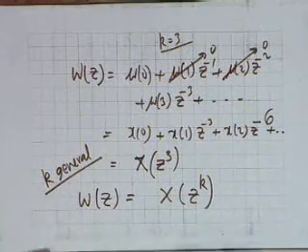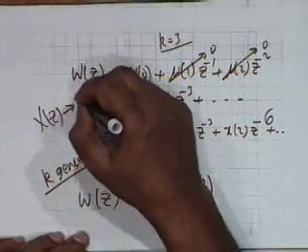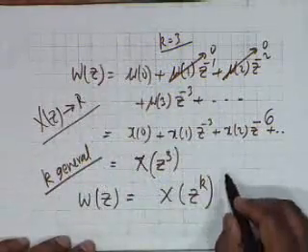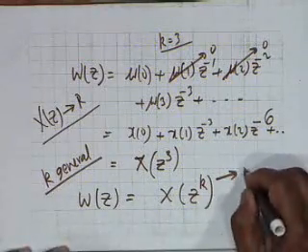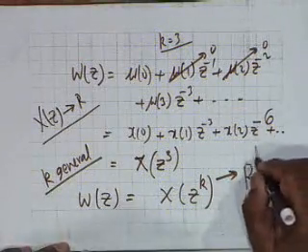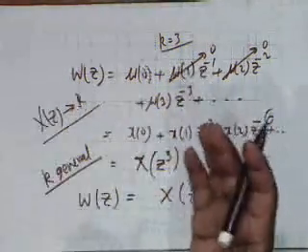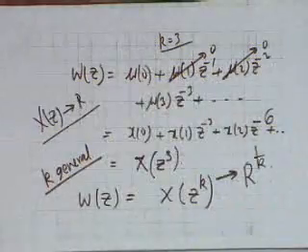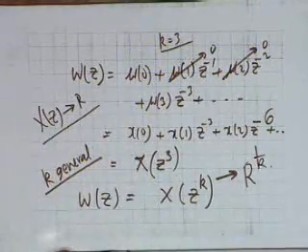What about the ROC? If X of Z has ROC R, then what is the ROC of this? R to the power k? Not k, 1 by k. What does it mean? A region of convergence is a two-dimensional area. What does it mean to raise it to the power 1 by k?